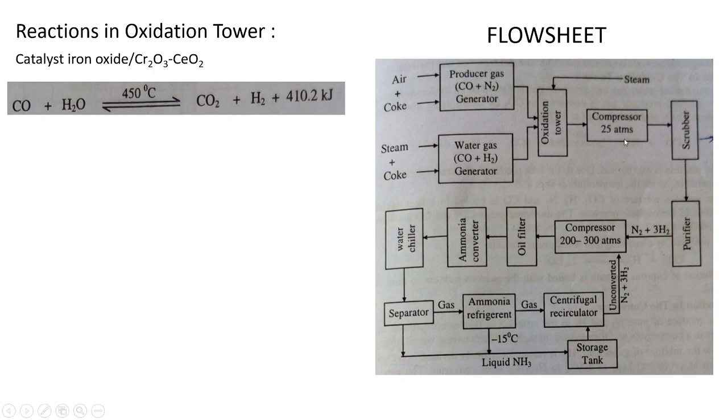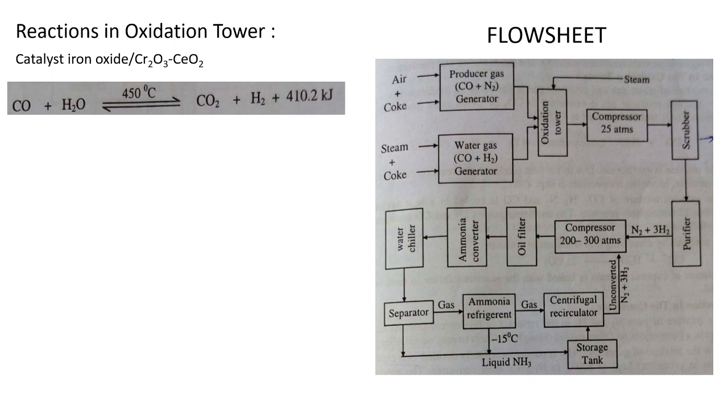So these three inputs are mixed at a temperature of 450 degree Celsius, where carbon monoxide is oxidized to carbon dioxide and hydrogen gas is released, you can see here. And apart from this, 410.2 kilojoule of energy is released. So the reaction is exothermic, and due to which a lot of heat is produced.